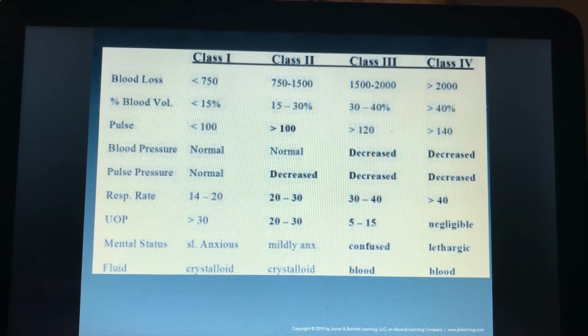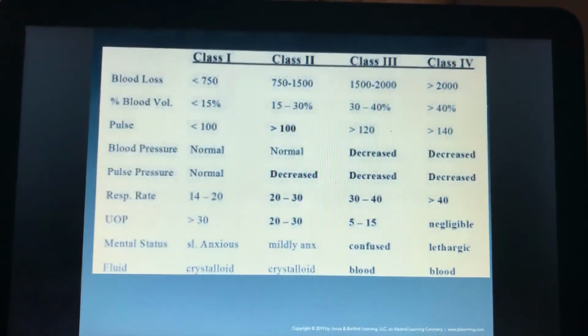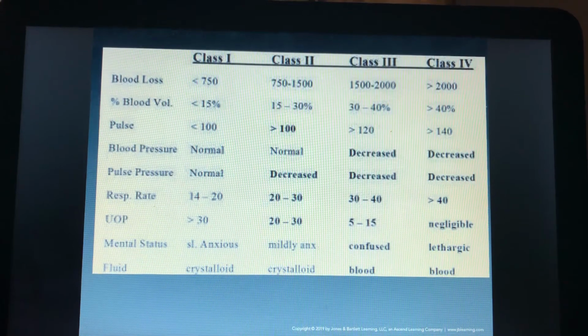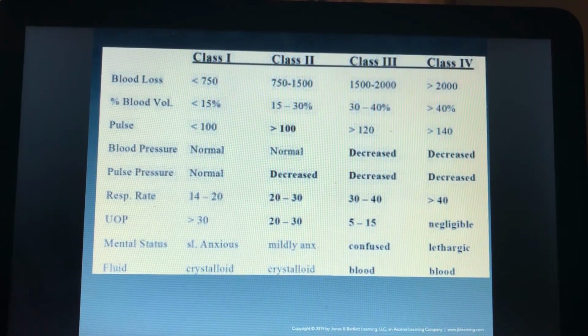But here's the problem. Let's say you run a car wreck, significant mechanism of injury. Patient has no complaints. Patient says, I'm fine, I don't want to go to the hospital. But they're exhibiting signs and symptoms of class 2 shock. Is it because they have an adrenaline dump, which is going to happen? Are they tachycardic because of adrenaline, or because they're starting to bleed out? Are they tachypneic, breathing faster because they had an adrenaline rush, or are they starting to bleed out?